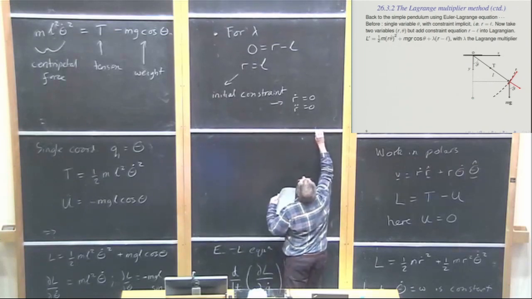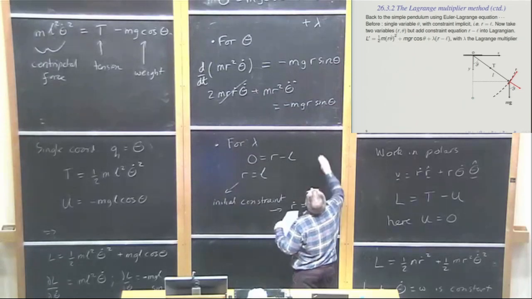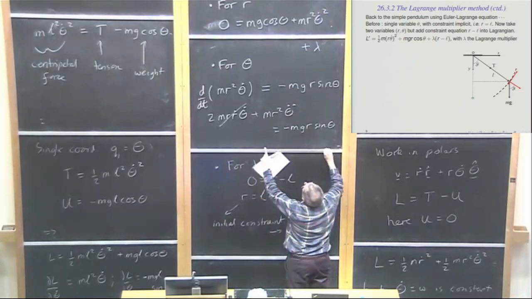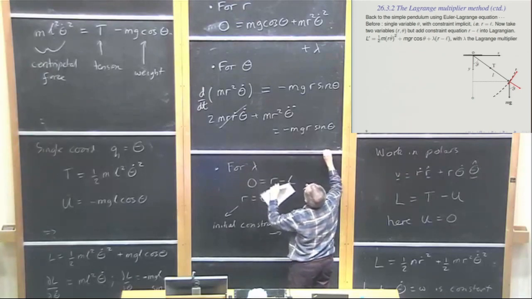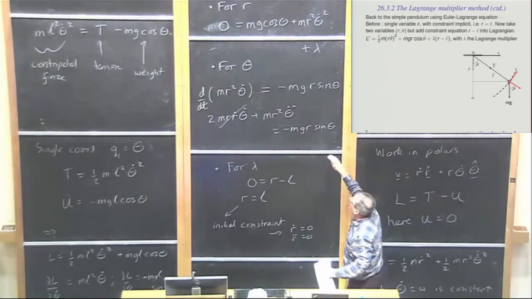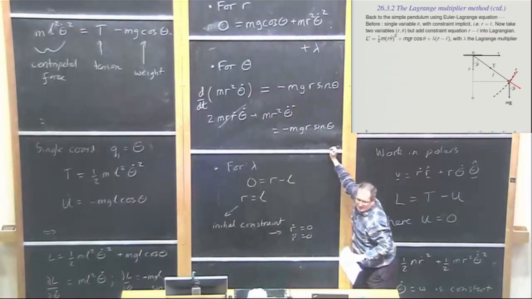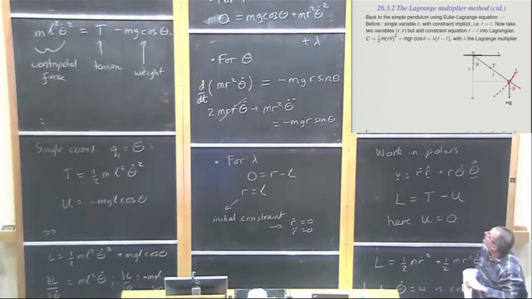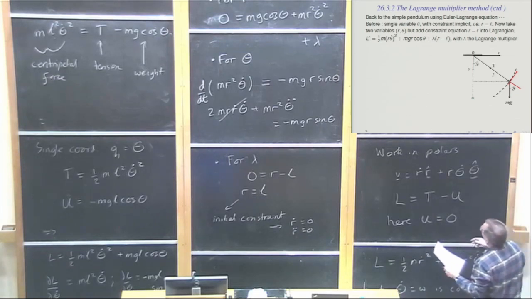Hang on. Yes, hang on. No, what do you mean? Sorry, start again. Are you talking about this line or higher up? Higher up. Okay, let me stand back so I can see it. Okay, so this is, sure, you're right.